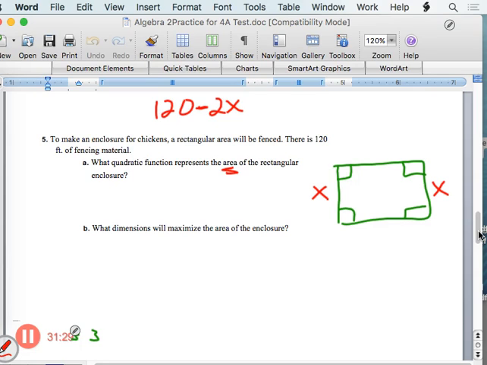So wouldn't I have to split the remainder into two? So if we have the 120, that's a good place to start. And then we say we've got x's in these two slots, so we'd have to subtract 2x to see what's left. But now there's two sides that have to be exactly the same thing. And I'm not going to leave this. What would this simplify to? 60 minus x.